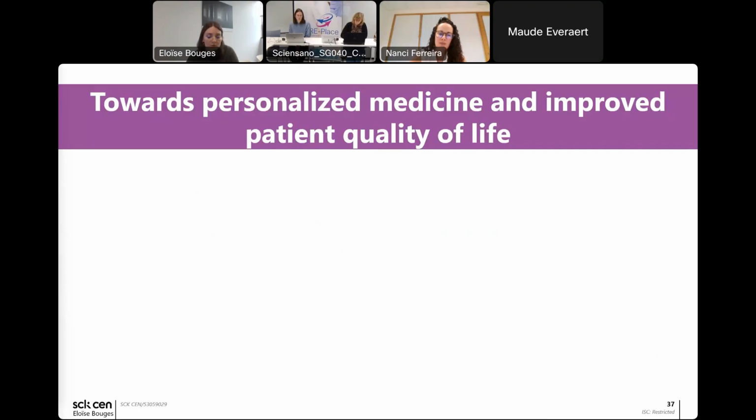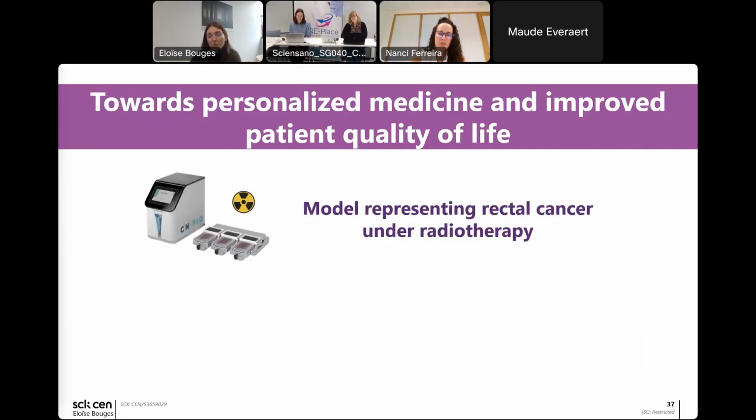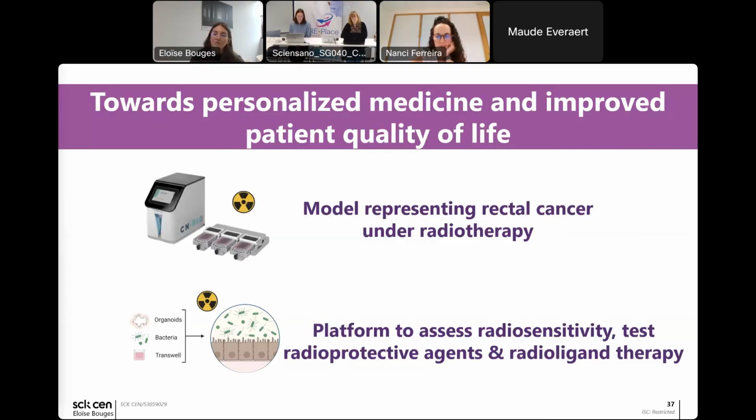The perspective of this project is that it allows us to model and represent rectal cancer with as much human relevance as possible under radiotherapy. This also gives a platform that allows us to assess radiosensitivity, and that can also allow us to test radioprotective agents, for example, and radioligand therapy.